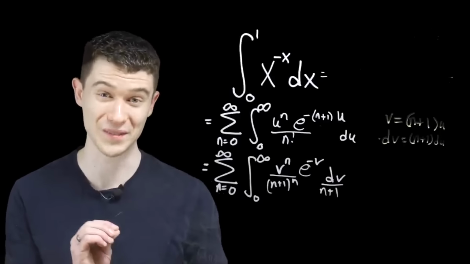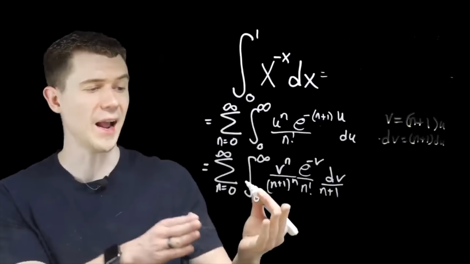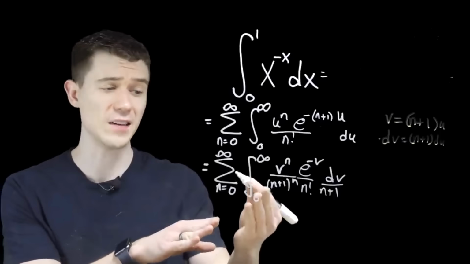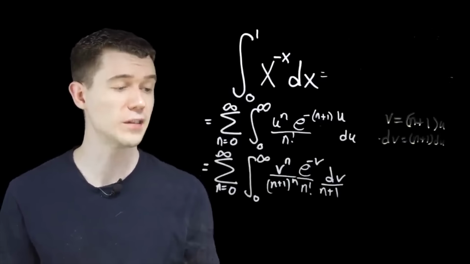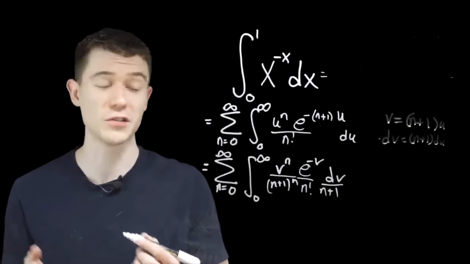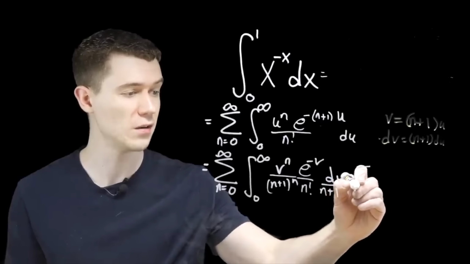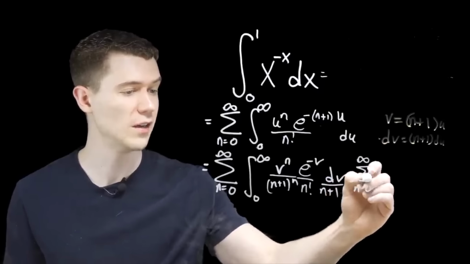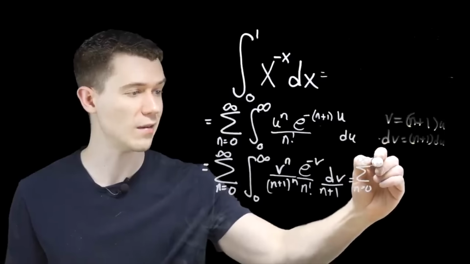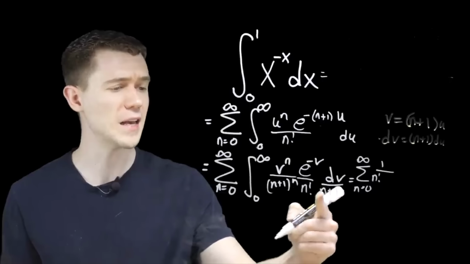We're getting very close. There's an n factorial underneath here, and all of these n's, n plus 1 to the n, factorial, and n plus 1, none of those have a v in them. So they're all constants. We can factor them out of the integral. Let's just pull that out. We have this sum here, 0 to infinity still, and on the outside we have 1 over n factorial, and then I'll combine these n plus 1's.